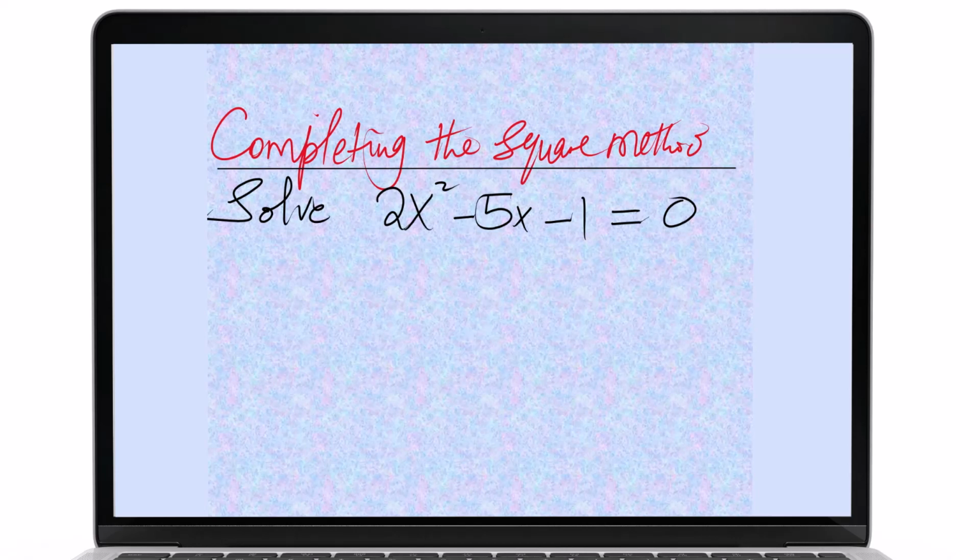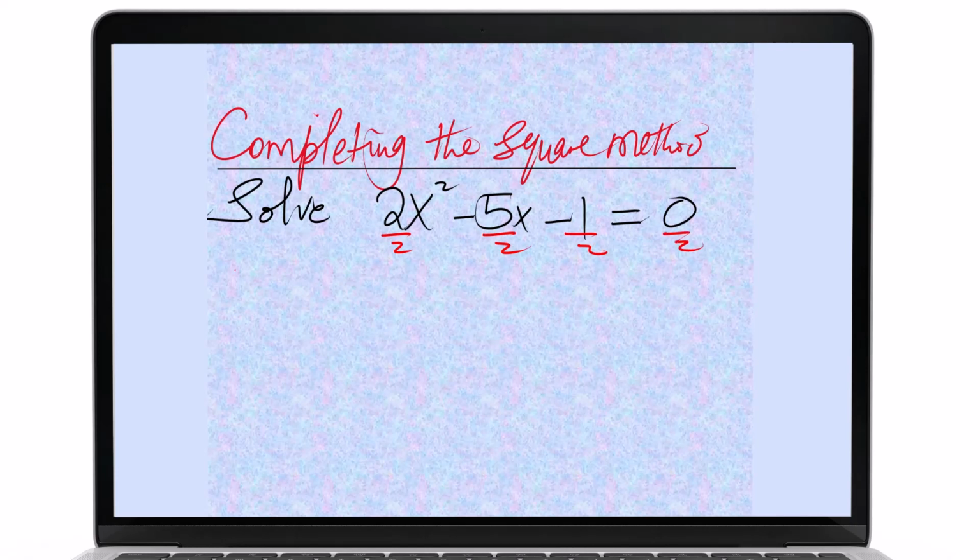Now step number 1, we ensure the coefficient of x squared is 1. And when you look at the coefficient of x squared, it is 2. So we make that to be 1. So we will start by dividing all through by 2 in order to make the coefficient of x squared to be 1.